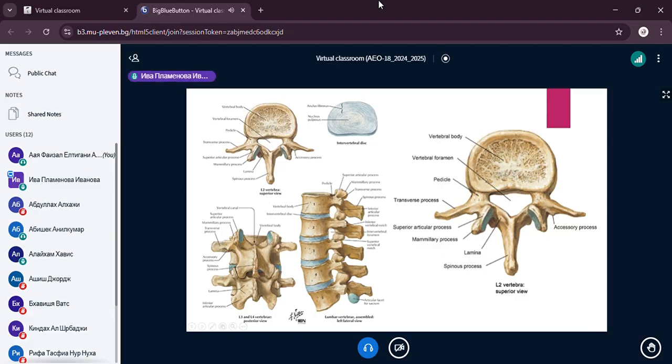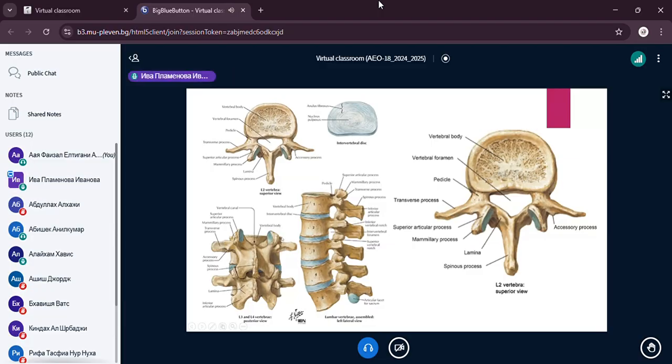And most laterally, we can see the accessory process. This is only on the lumbar vertebrae. Two articular processes, one superior, one inferior, mammillary process, and accessory process.